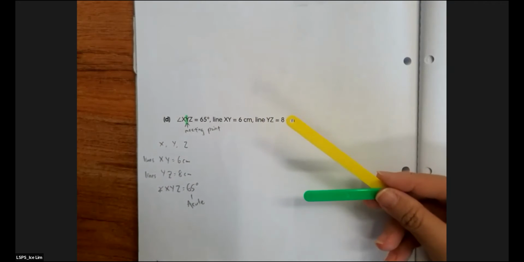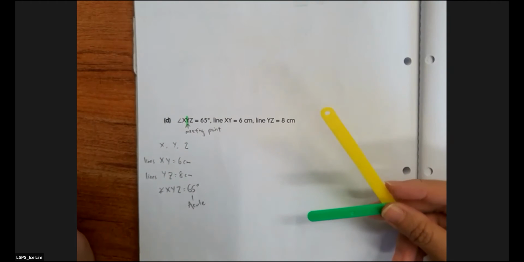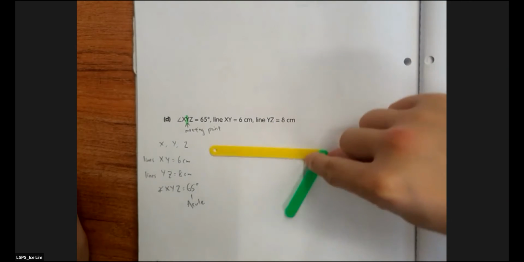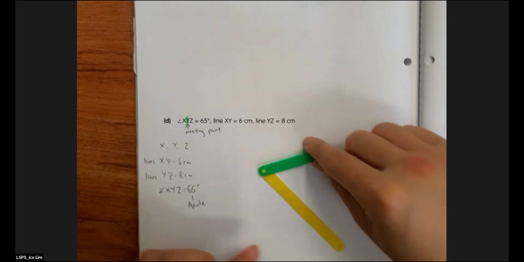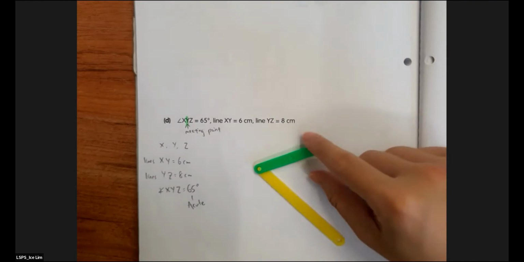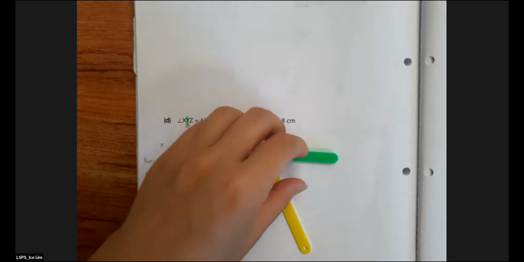Maybe it looks something like that. You can also draw like this. So let's say I draw XY as 6 centimeter.